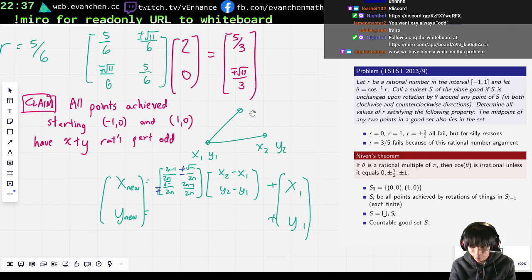I can't get this x plus y always odd thing that's being claimed. I'm not sure it's true. It feels like some form of this statement should be true, but I can't see exactly what. I'm gonna look at 5-6 again.